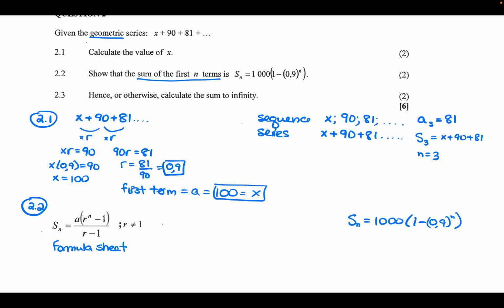So s sub n is equal to a, well, that's the first term, and that was 100. R, we know, was 0.9, and we have r again in the denominator, 0.9 minus 1. So our job is to get this to look like what they have.